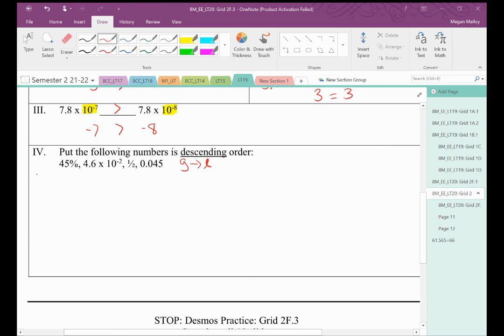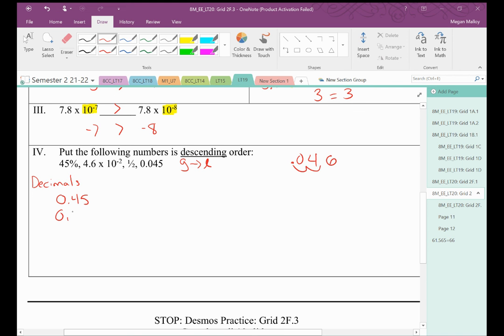So I'm going to change these all to decimals. My scientific notation is small enough that I am able to write my decimal relatively quickly. So 45%, that's 45 out of 100, which is 0.45. 4.6 times 10 to the negative second, I would be moving my decimal 2 places to the left.